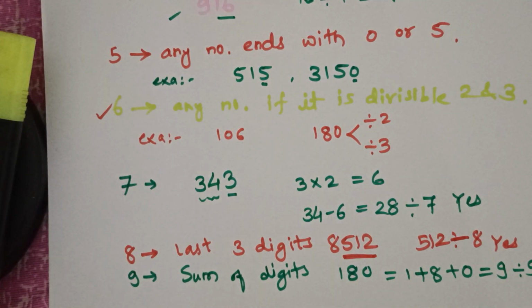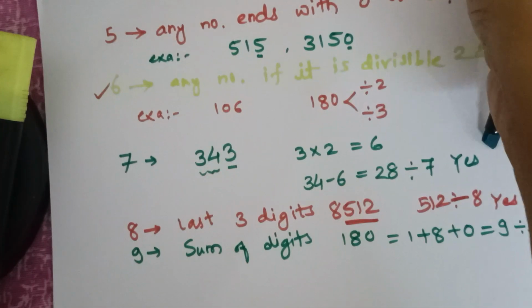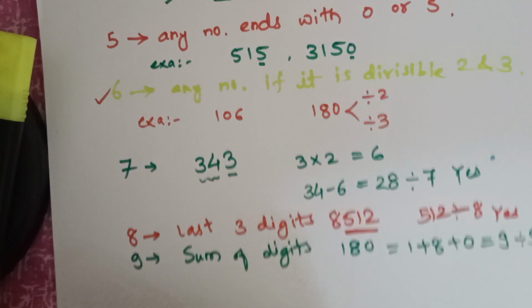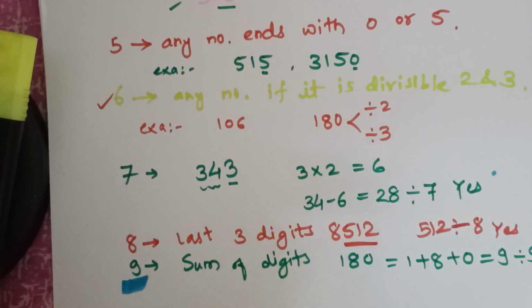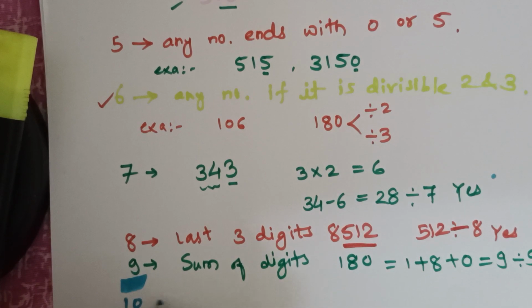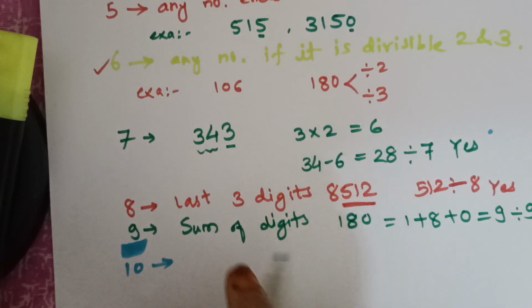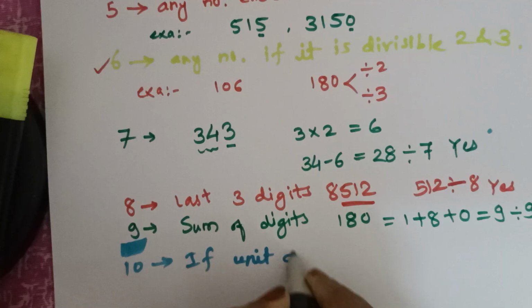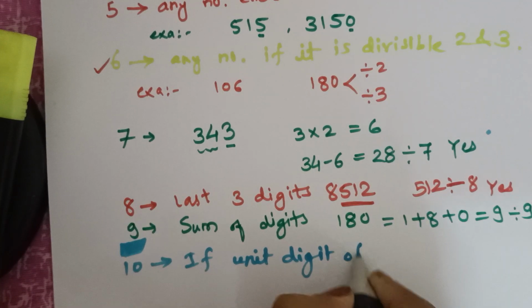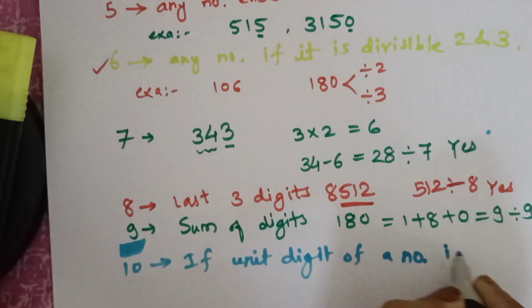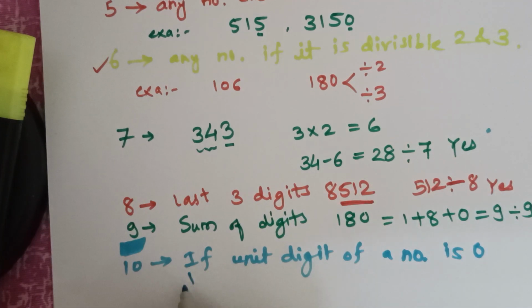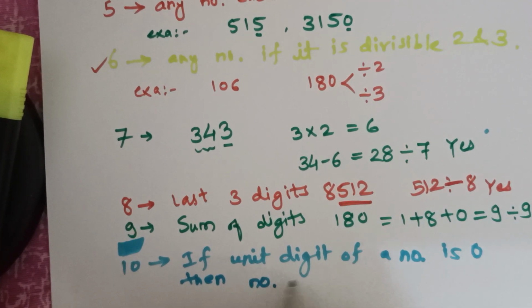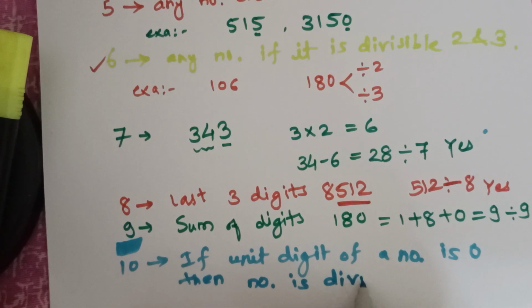And the last one is your favorite, the divisibility rule for 10. The rules for 9 and 3 are similar, students, so be careful about that. Now the divisibility rule of 10: if the unit digit of a number is 0, then the number is divisible by 10.